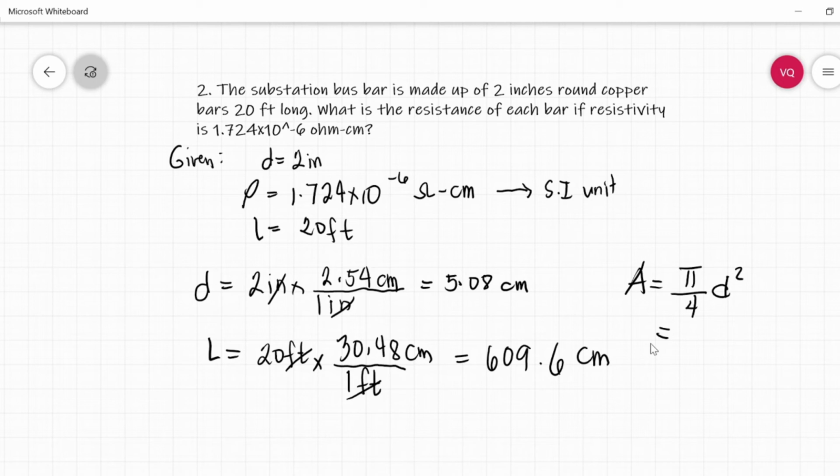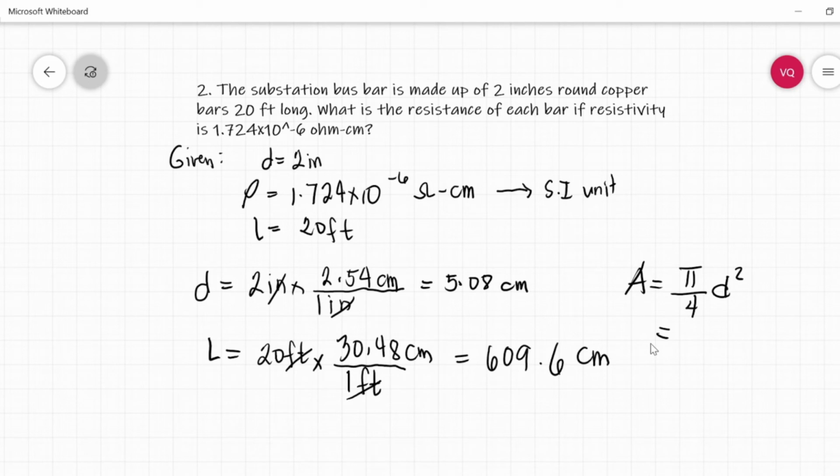The diameter of the conductor is 2 inches. The resistivity is 1.724 times 10 raised to negative 6 ohm centimeter, and the length is 20 feet. So we will convert this diameter and length into SI unit. Diameter is equal to 2 inch times 2.54 centimeter in 1 inch, equal to 5.08 centimeter.